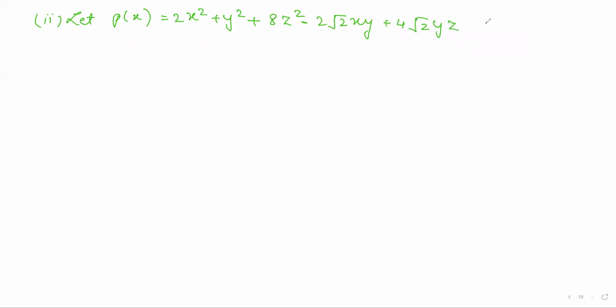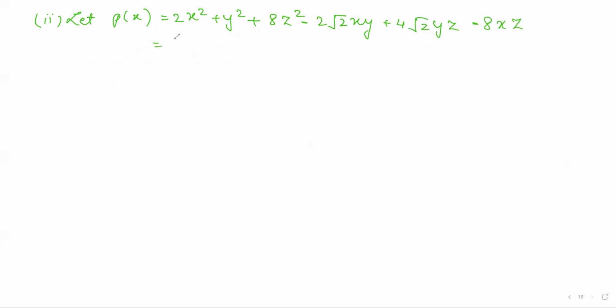So your second part: let P of x be equal to 2x square plus y square plus 8z square minus 2 root 2 xy plus 4 root 2 yz minus 8xz.